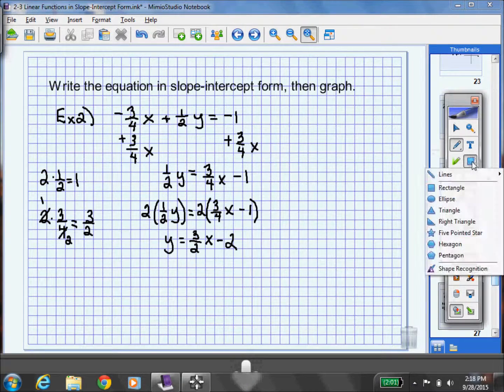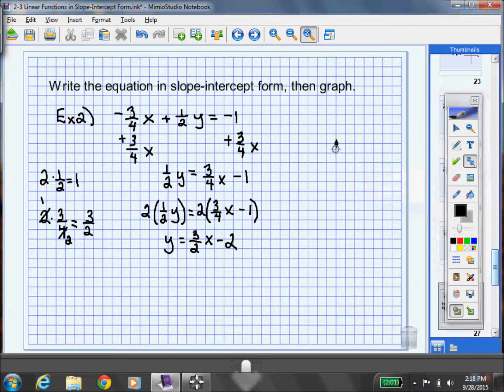So we need to make our x and y axes. There we go. And you're going to make sure you label x and y. Where do we start this graph? -2 over here on the x-axis or on the y-axis?